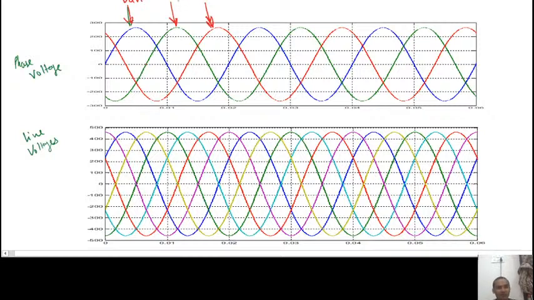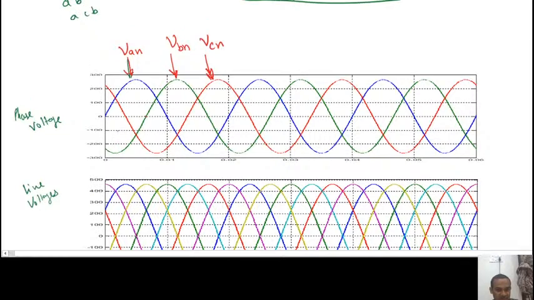Similarly, now we have to mark the line voltages also. For line voltage, if you try to mark here, it will not be possible, so again I am showing only the positive halves. This yellow one is starting just from 30 degrees.